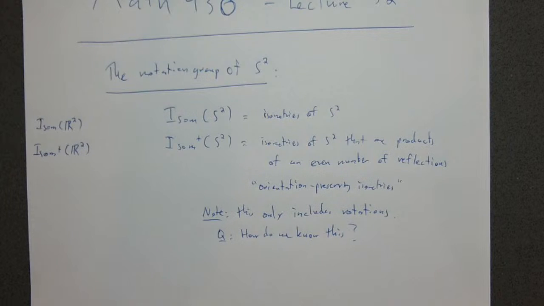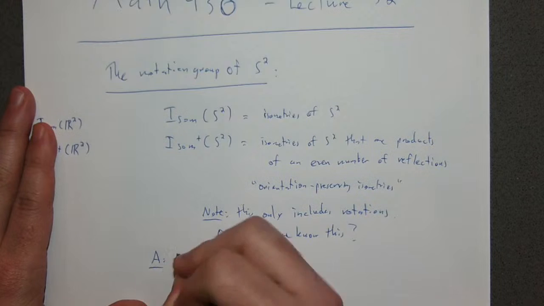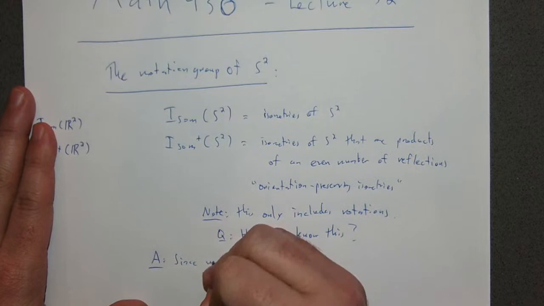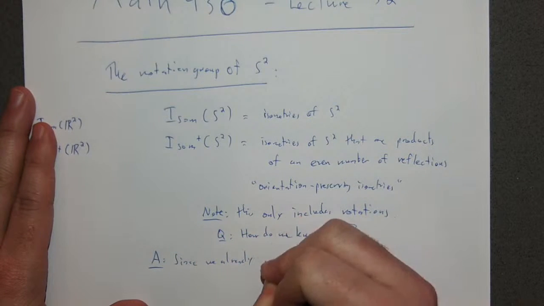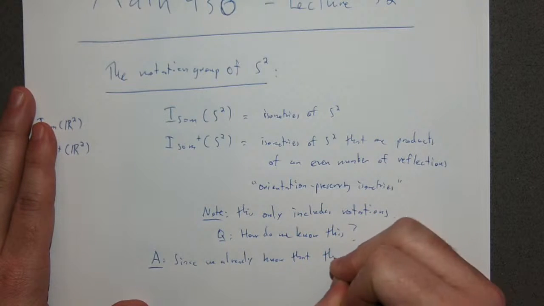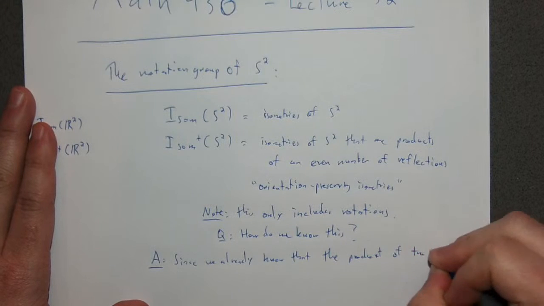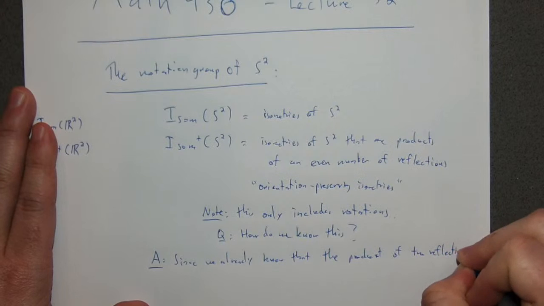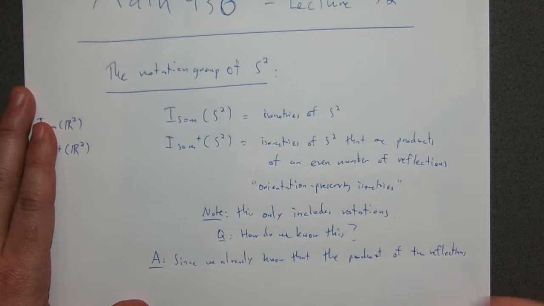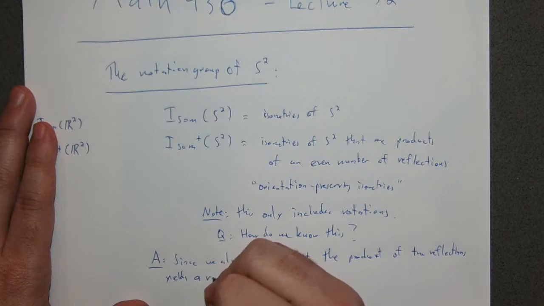But how do we know that it only includes rotations? Well, the answer here is, since we already know that the product of two reflections in S2 yields a rotation.